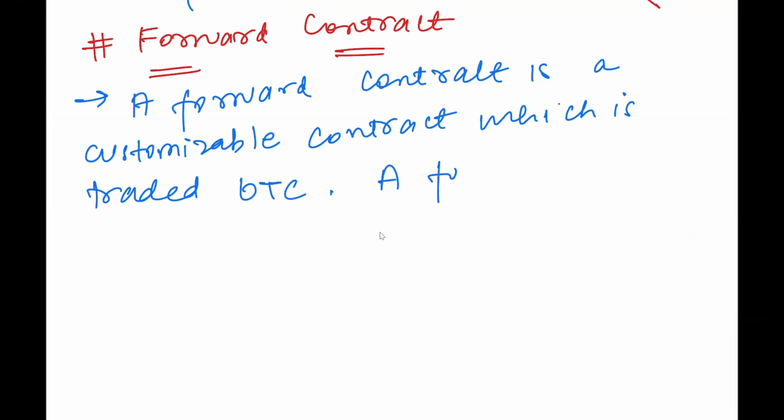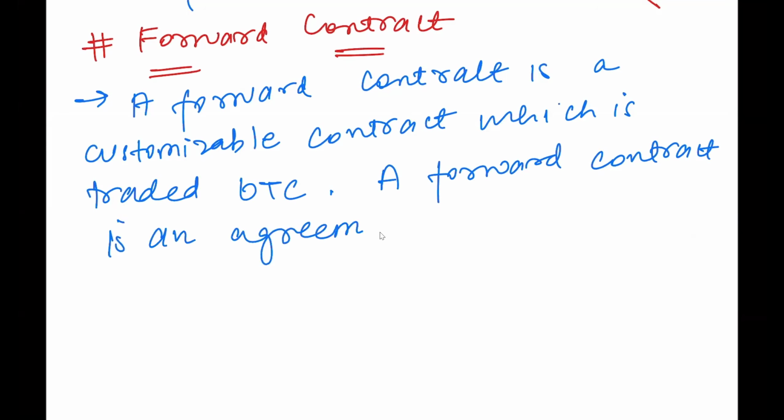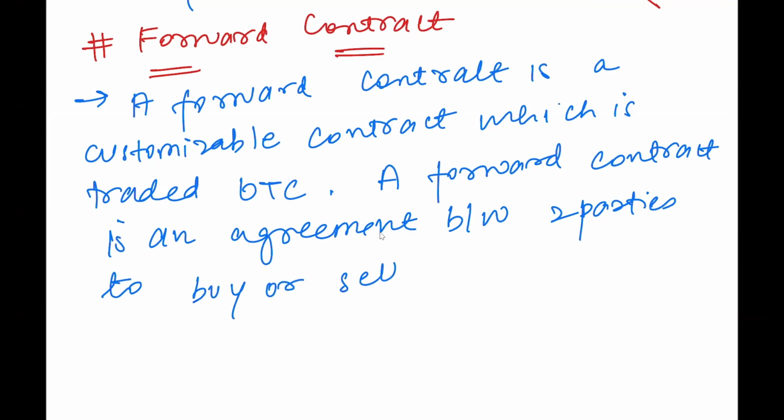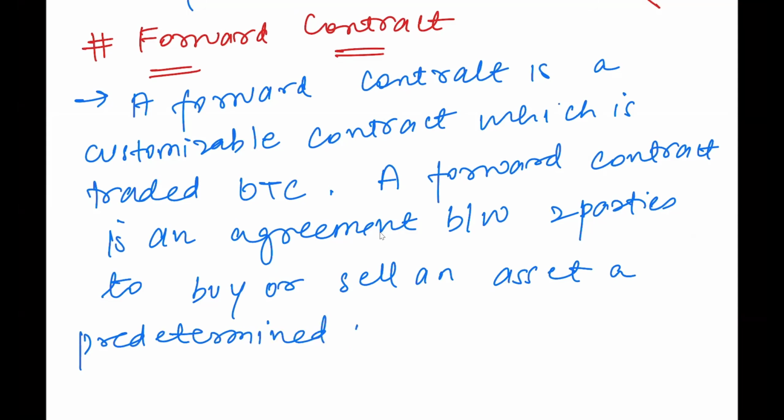A forward contract is an agreement between two parties to buy or sell an asset at a predetermined price, also at a predetermined date.